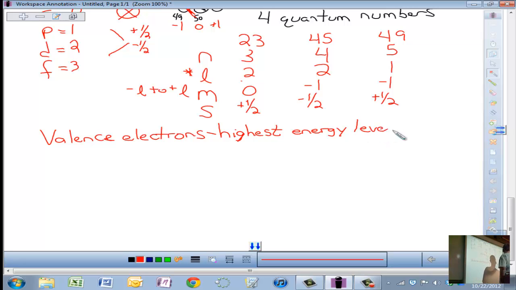That's going to be a key word there. Energy level. Highest energy level electrons.